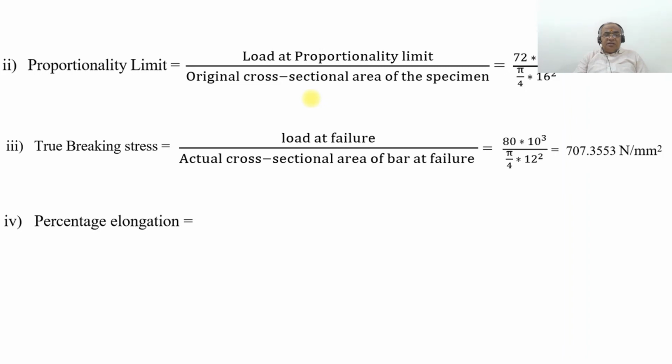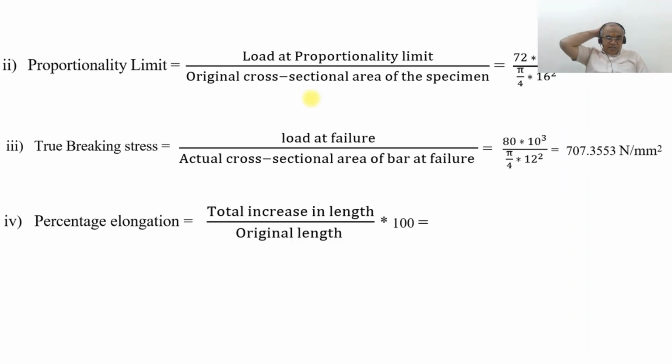Similarly, the percentage elongation is given by the total increase in length divided by the original length of the member, into 100. What is the total increase in length? You have 104 minus 80, divided by 80, into 100. On simplification, you are going to get 30%.